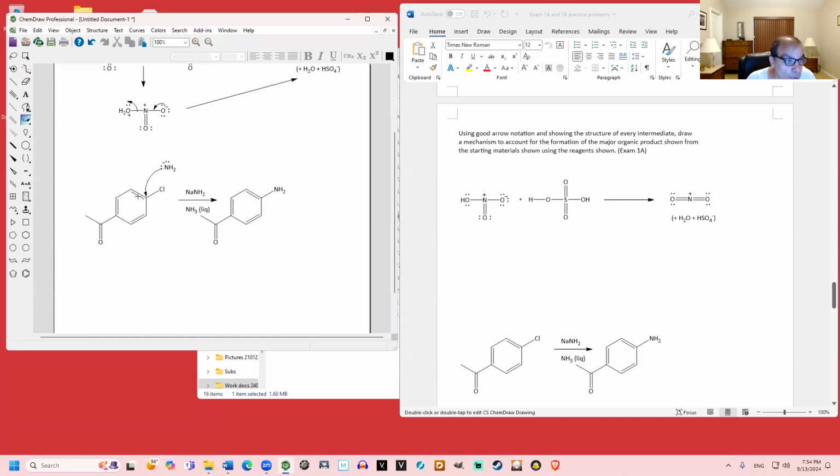So in the first step of a nucleophilic aromatic substitution, the nucleophile attacks the carbon that bears the leaving group, and we break the pi bond and put the electrons onto carbon. So that arrow means we're taking the 2 electrons in the pi bond and putting them onto the carbon atom to generate a carbanion. And you get a resonance stabilized species.